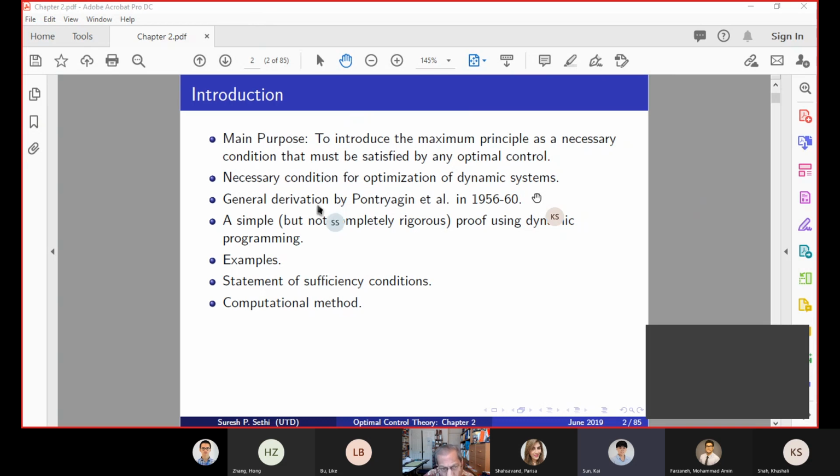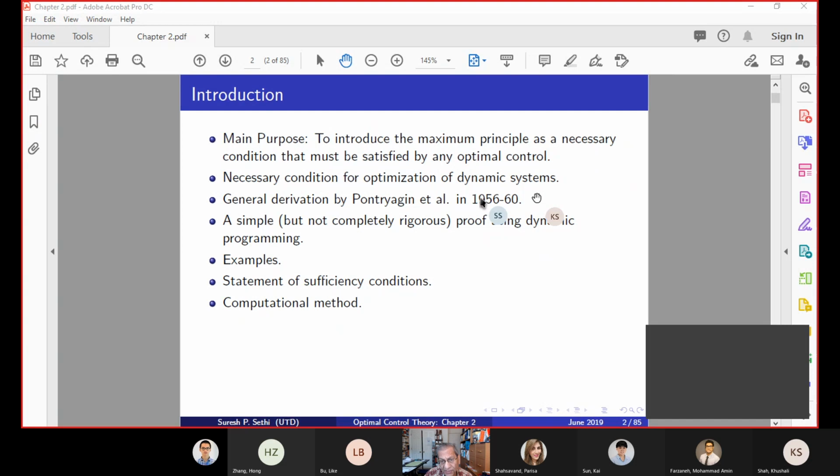Okay, so as you can see, we introduced the maximum principle as a necessary condition. Remember, the first order condition was a necessary condition, so this is more like a first order condition. The general derivation is given by Pontryagin et al. in a series of papers from 1956 to 1960.